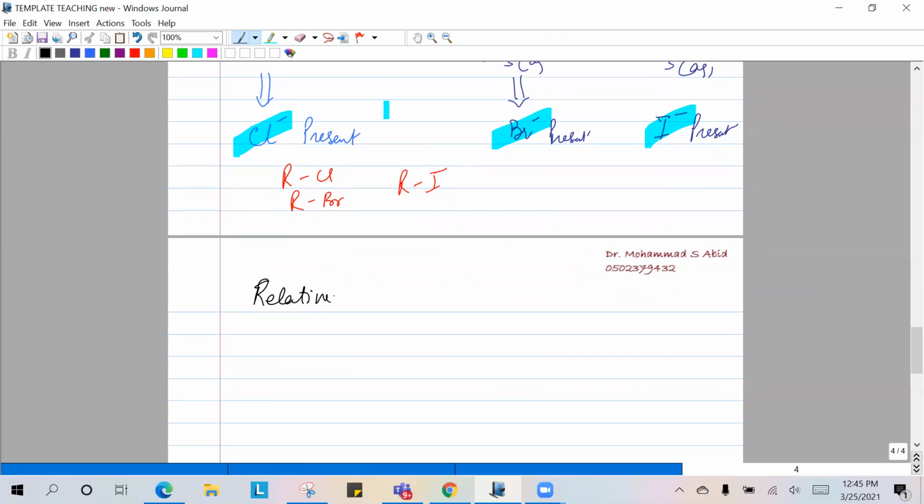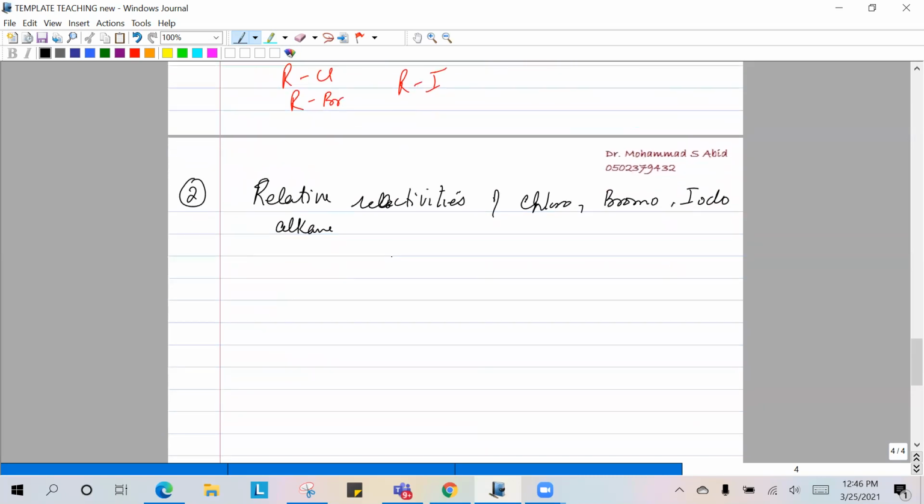then what I will do is, if you want the relative, this is the second type of experiment or recording of data, that is the relative reactivities of, let us say, chloro, bromo, or iodoalkanes. You want to compare which of them is more reactive.